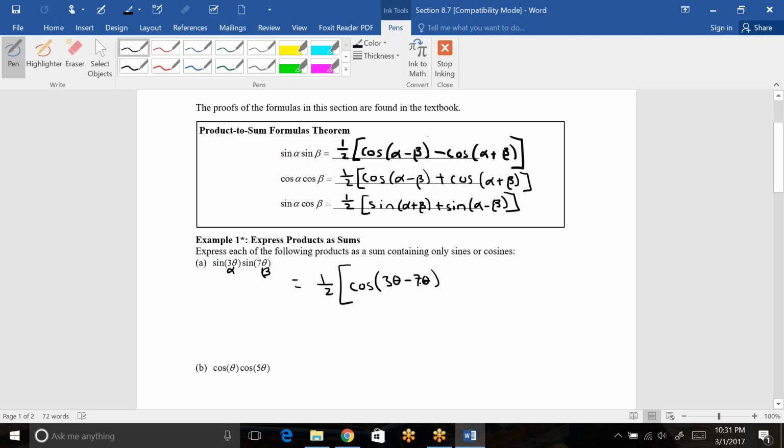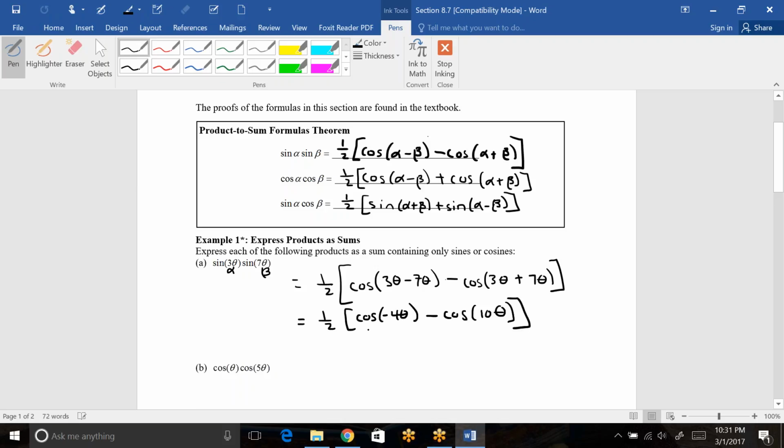Make sure you put the line so it doesn't look like 70, minus cosine of 3 theta plus 7 theta, close the bracket. We subtract and add inside each of the arguments, so this would be cosine of -4 theta and minus cosine of 10 theta.